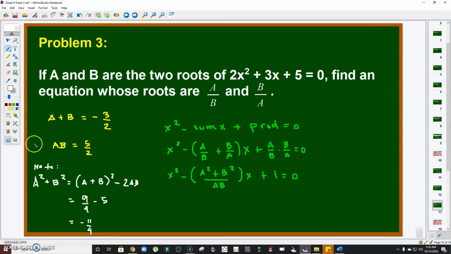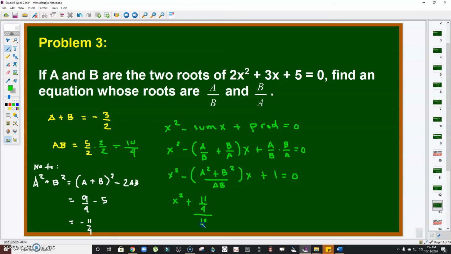See that? Okay, so going back. I now have x squared minus negative, so that will become positive, 11 over 4 over, my ab is 5 halves. If I want to make it 4, I make it 10 over 4. See that?